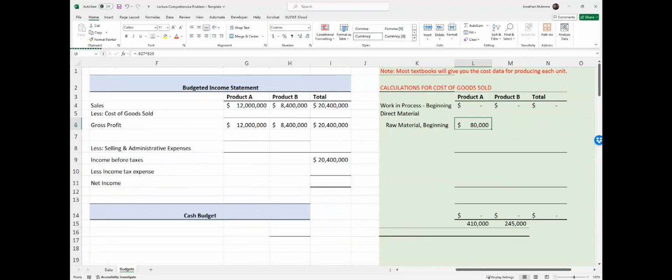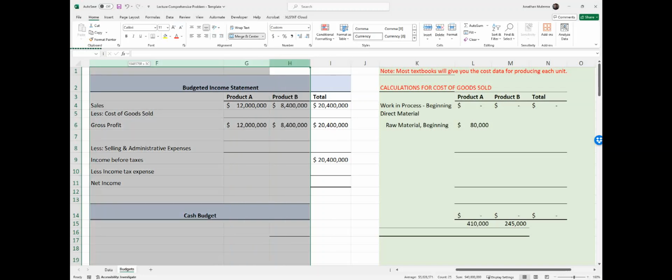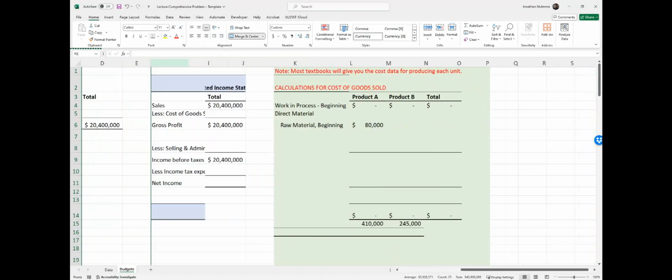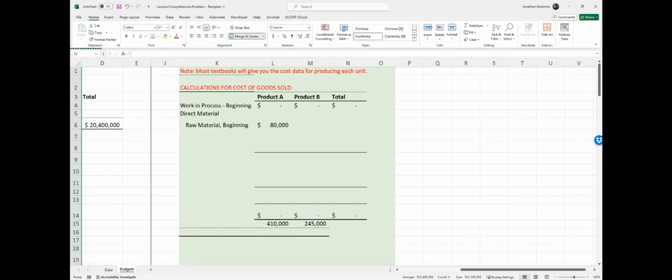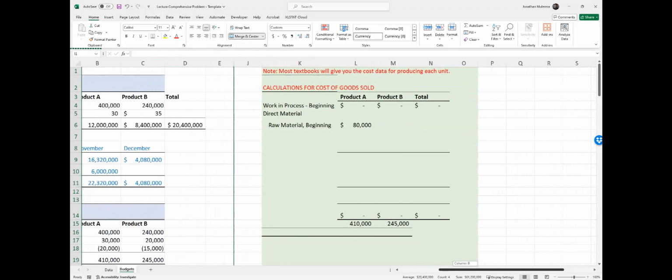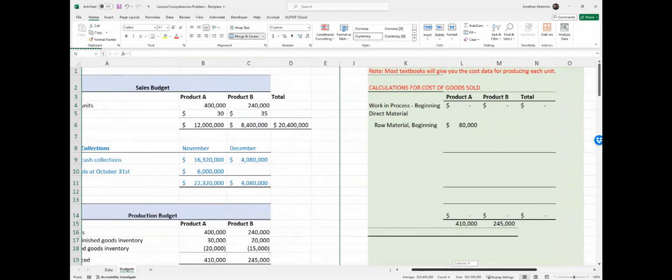So let me make this so that I'm not scrolling too crazy, and I will hide this, so that I'm not making everybody dizzy here. Okay, so those were your raw materials at the beginning.